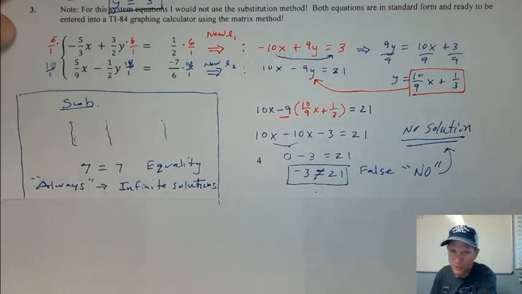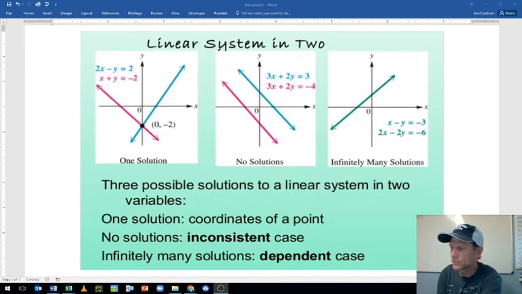So if you do see those strange cases when you're working with substitution, remember that you have to go back and either look at it in Desmos, or you might put a little time thinking into which of these strange cases it is. Well, is it the no solution or the infinitely many solutions? Okay, that wraps up number 3. Kind of a long problem, but hopefully it was helpful.